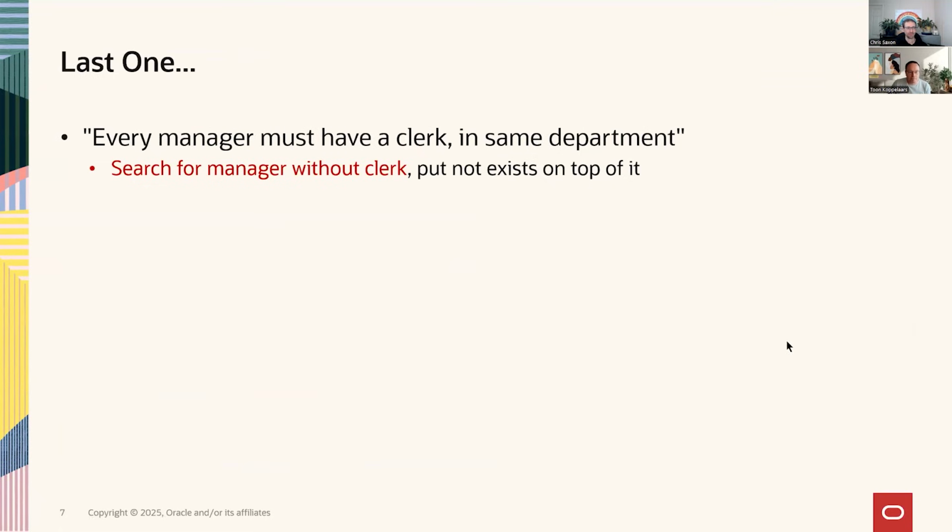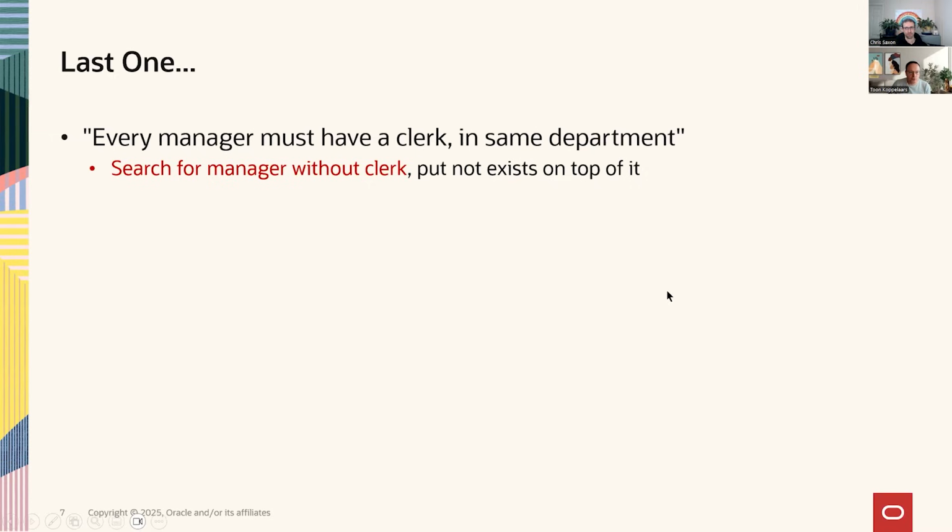Last one. Now I'm going to introduce slightly more complexity into this. Let's say I want to have the following business rule: every manager must have a clerk in the same department. So I cannot have a manager in a department when there's not a clerk also in the department.